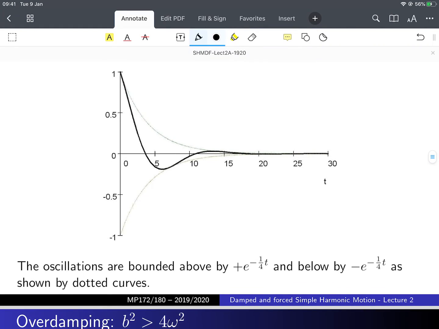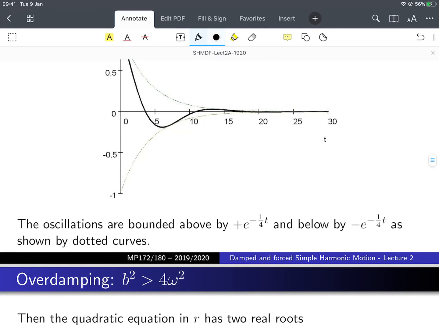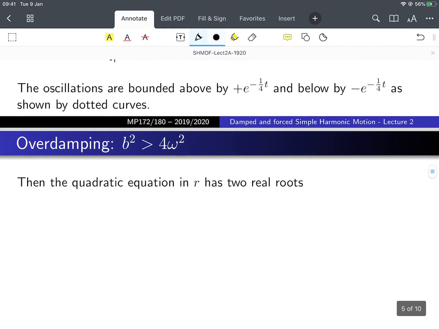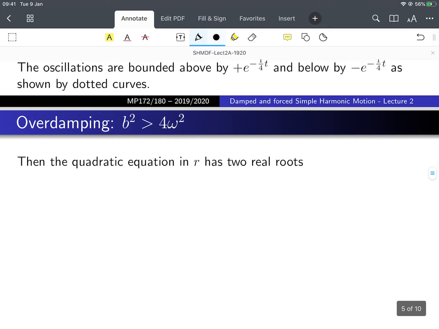Okay, bounded above and bounded below by the exponentials. Okay, so that was the first case when what's called the discriminant of the quadratic is negative.